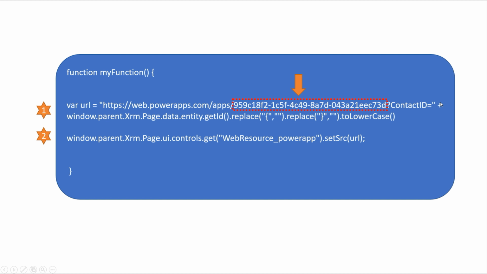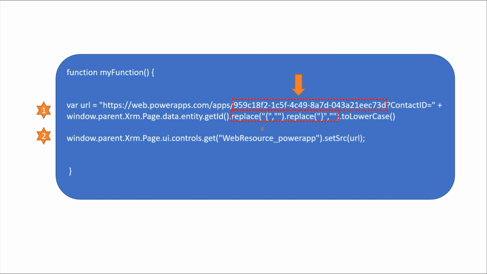I'm also concatenating this web URL with the contact ID from CRM. I'm using the getID function to get the ID of the contact record, and once I get the contact ID, I need to remove the curly brackets.